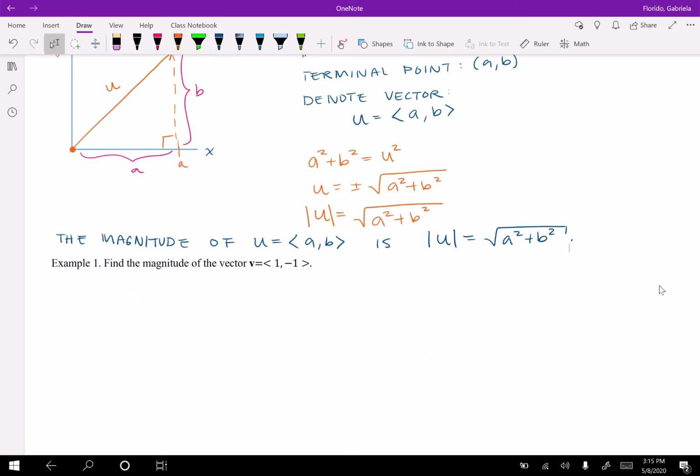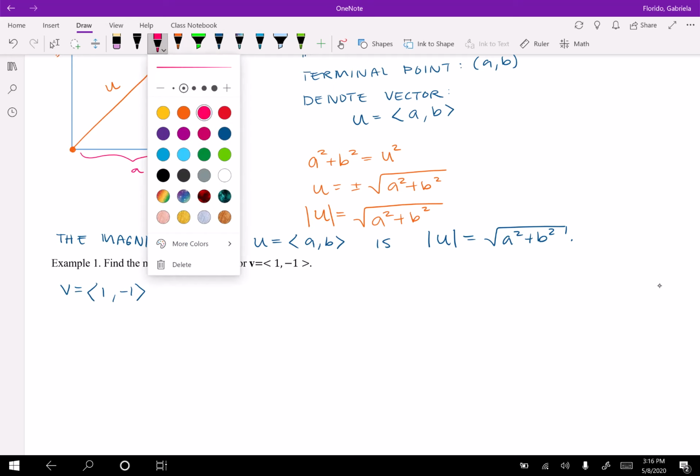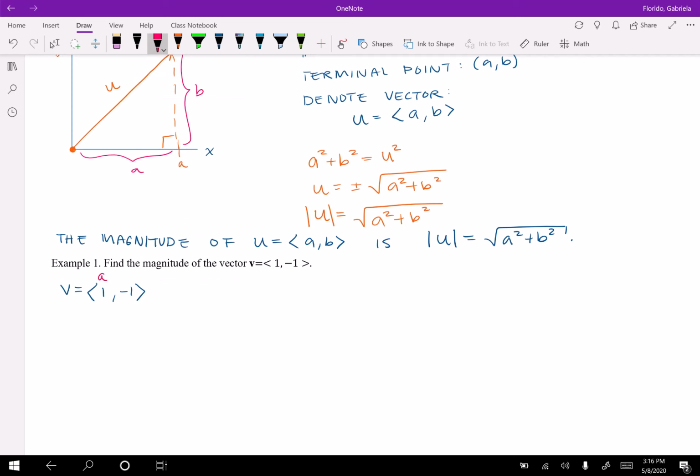Let's try an example. Find the magnitude of the vector v, <1, -1>. We already know that finding the magnitude of this vector is just equal to the square root of a squared plus b squared. So let's plug everything in. My first coordinate is a, and my second one is b.